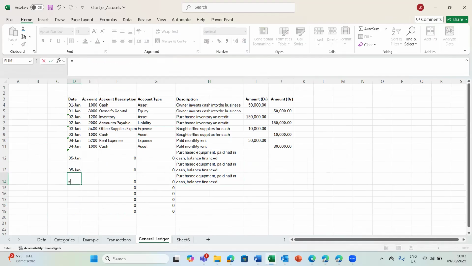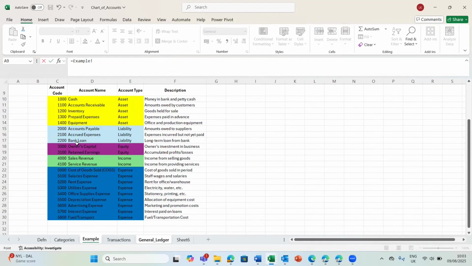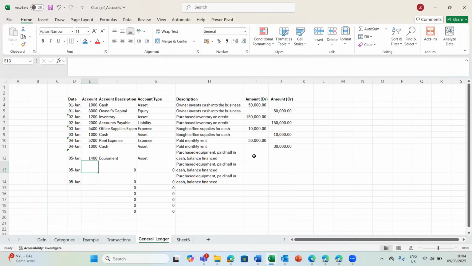Number one, we debit the asset. So where is the asset account? Equipment, the code is 1,400. We debit with how much?